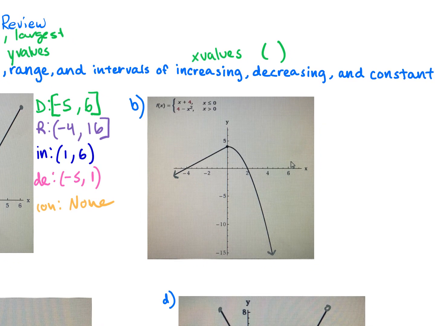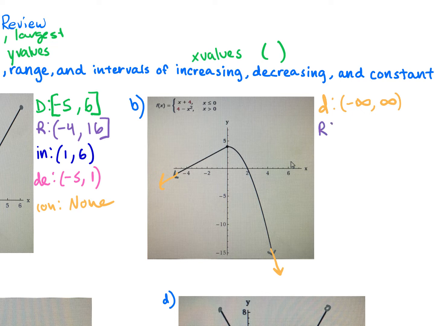Next, for B. So let's start with our domain. Our graph points forever in the left direction, so that would be -infinity. And again, when you do -infinity or positive infinity, it's going to be parentheses, so you don't use brackets with those. And then moving to the right, still looking at our x values, our graph is going forever in the right direction, so that would go to infinity.